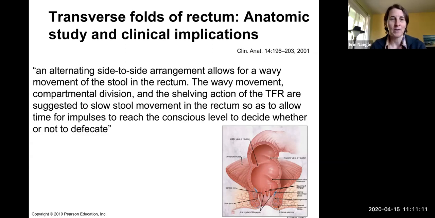The wavy movement, compartmental division, and the shelving action of the transverse folds of the rectum are suggested to slow stool movement in the rectum so as to allow time for impulses to reach the conscious level to decide whether or not to defecate. Things you didn't know you needed to be grateful for. You're welcome.